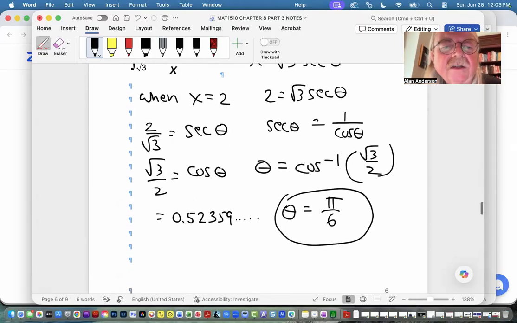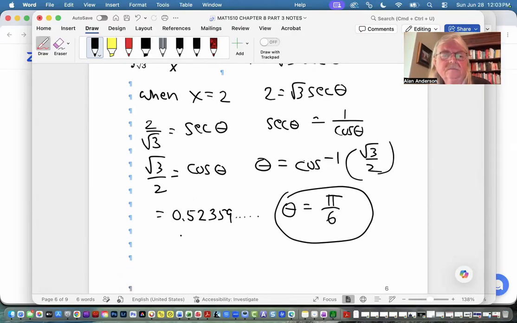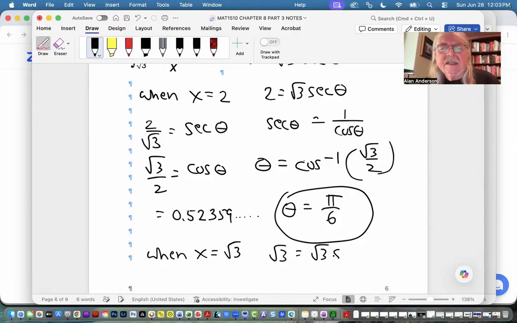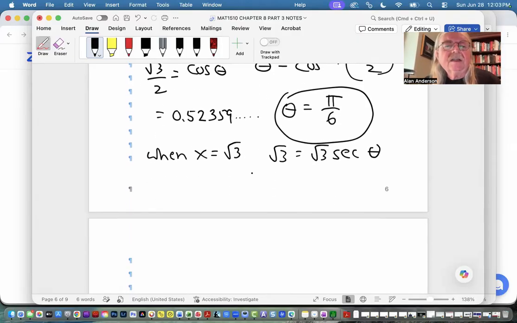Now, when x equals radical 3, radical 3 equals radical 3 secant theta, and we can divide out both sides. And since the cosine is the inverse, in this case, it's the same thing. 1 equals cosine theta.